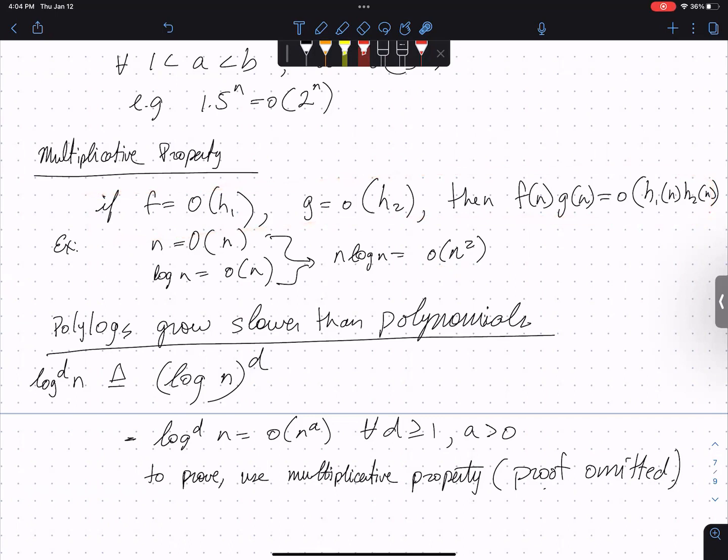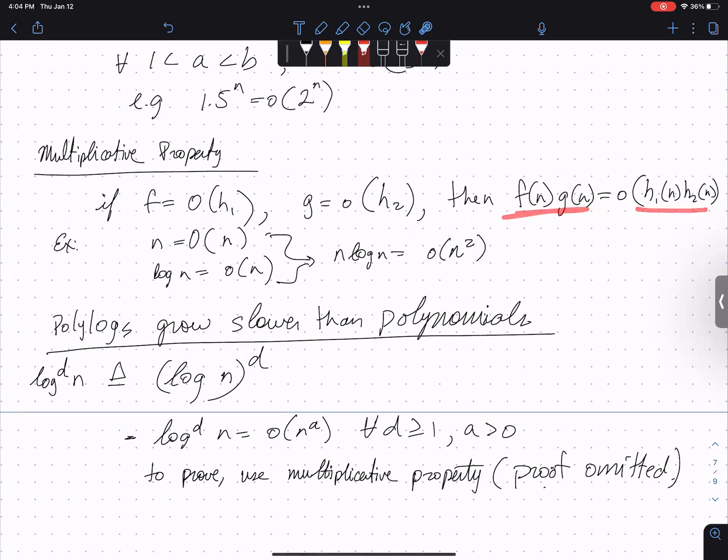It says, if I'm multiplying two functions, f of n and g of n, and I know the first function has a big O bound, and the second has not big O but little o, so it's strictly smaller than some function, then the result of multiplying them is strictly smaller than multiplying h1 and h2, the two bounding functions for f and g. This is the motivation for this property.